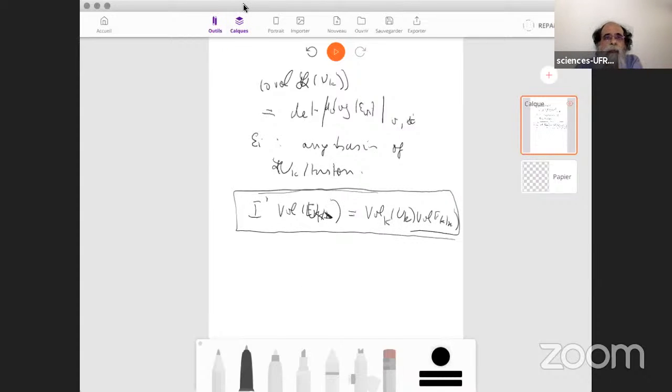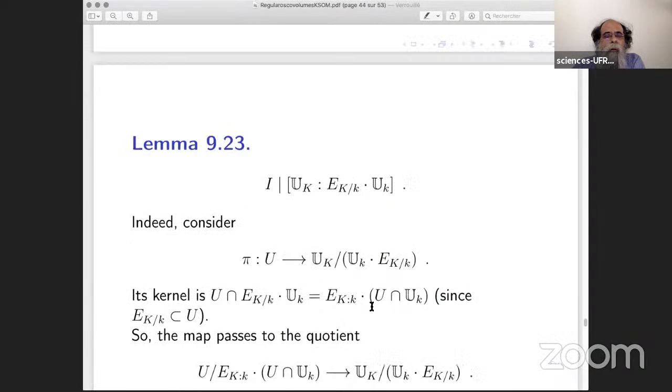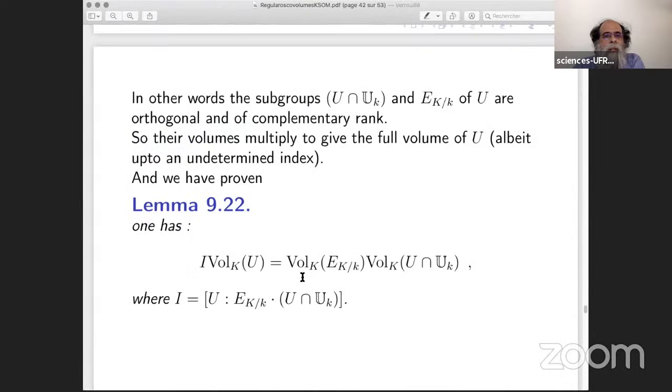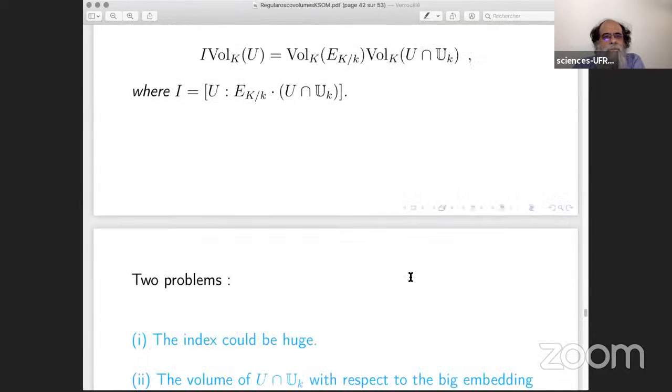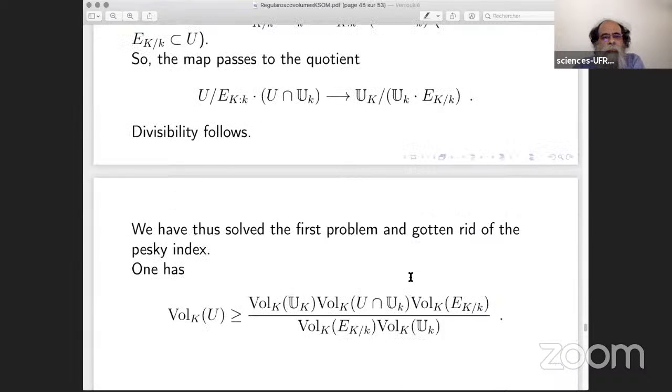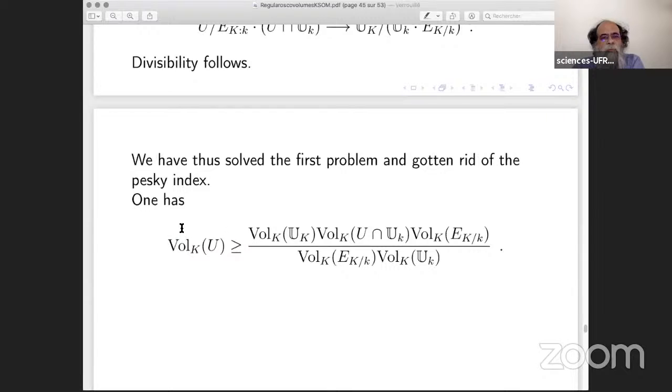So now we go back to the thing. You have two exact formulas. The one that I showed you on the tablet and this one. And these two indices are in divisibility. Using divisibility, you get that the volume of your unit group is bigger than the volume of the full unit group times the intersection that you have not yet controlled.